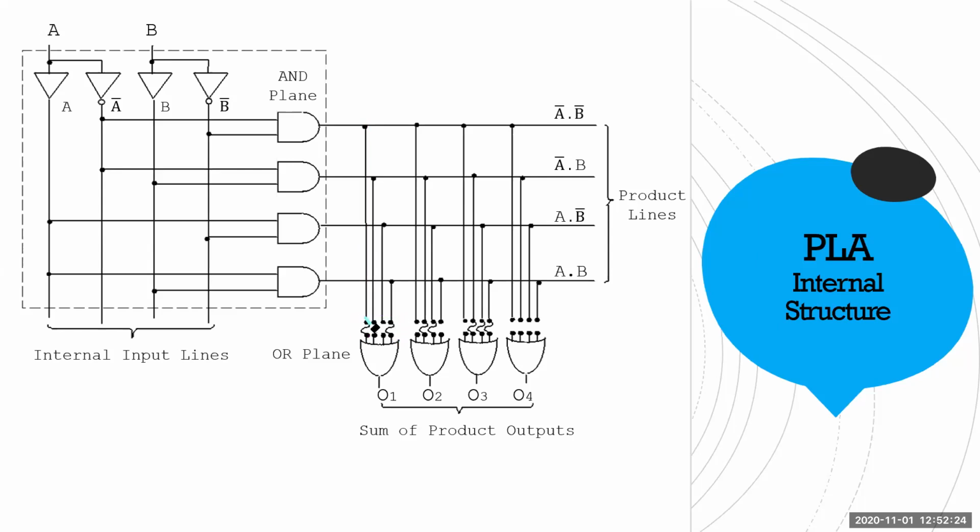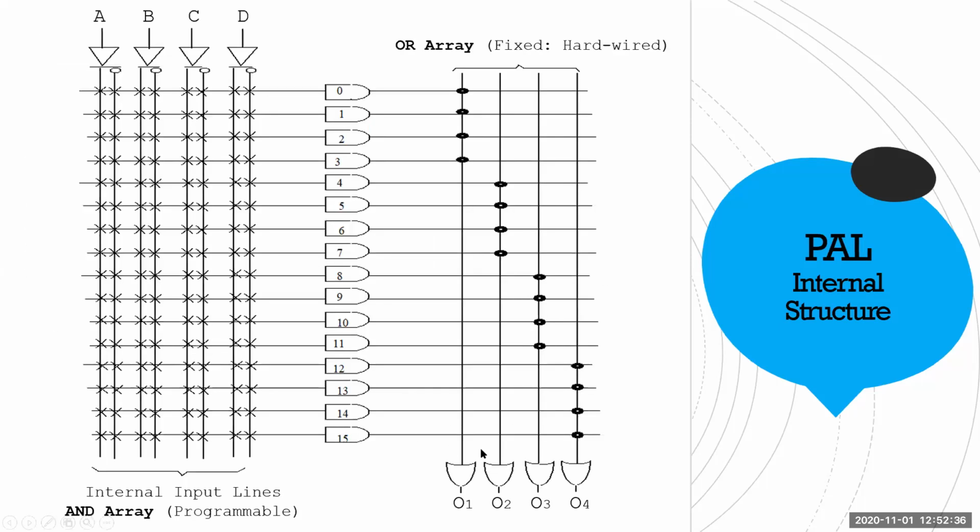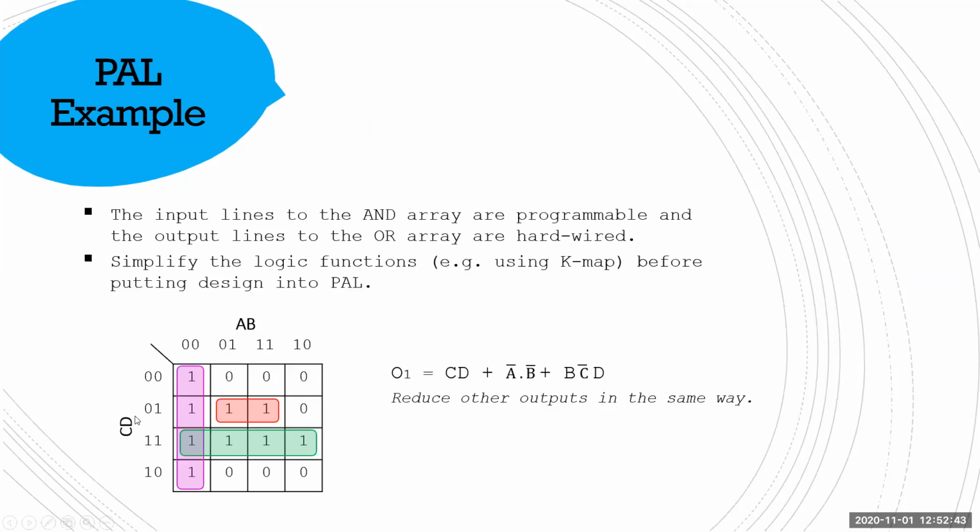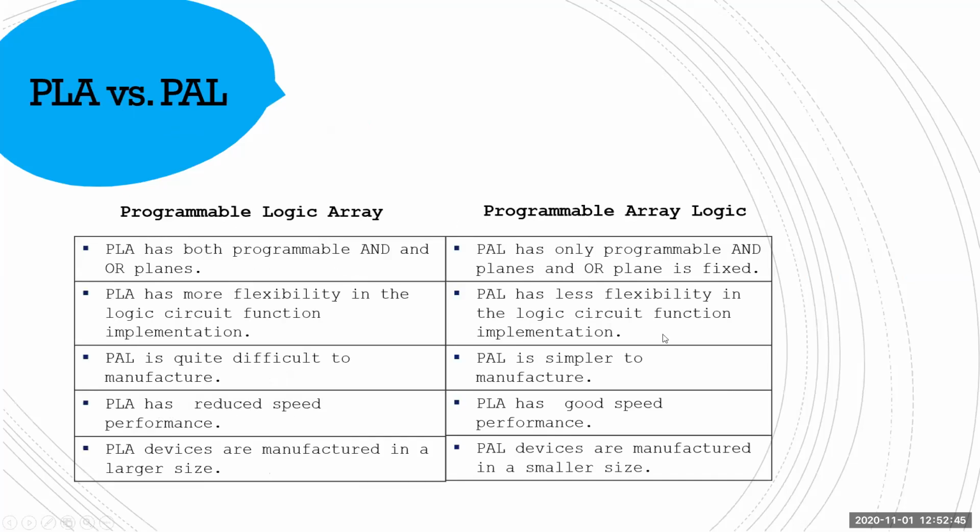They are slow. Got my point? If the resistivity is higher, we will analyze that, you have more delay. Since PAL does not have any fuse here, it has fewer fuses, so it has more speed. So this one has reduced speed performance.